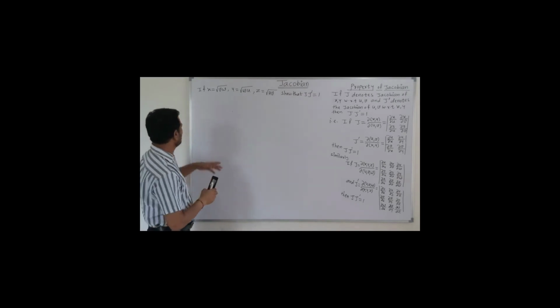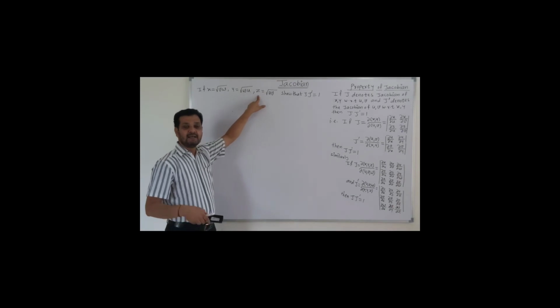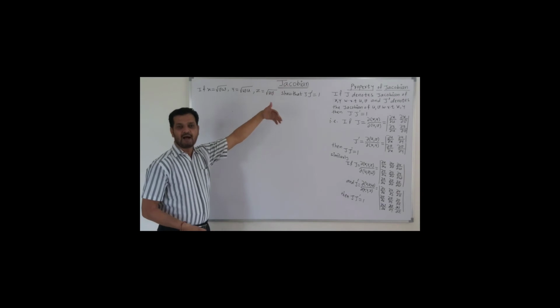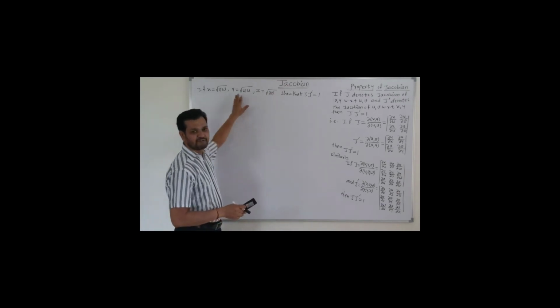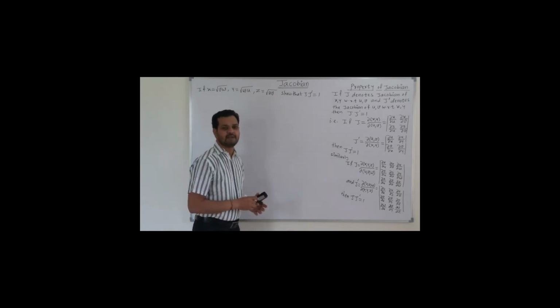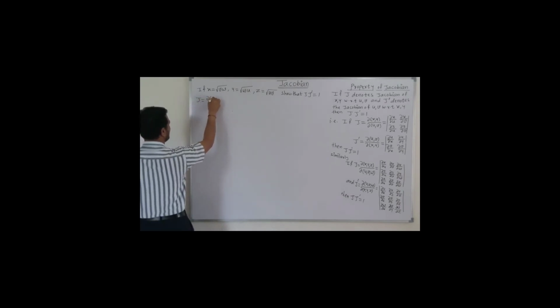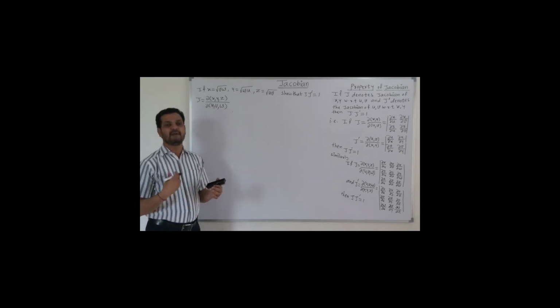Now friends, please try to understand that x, y and z are dependent variables, and u, v and w are independent variables. So the given question is in terms of 3 independent variables, so we will apply these concepts for 3 independent variables.